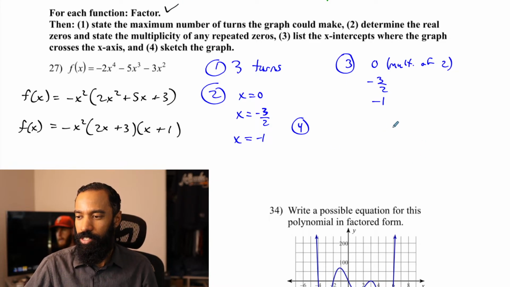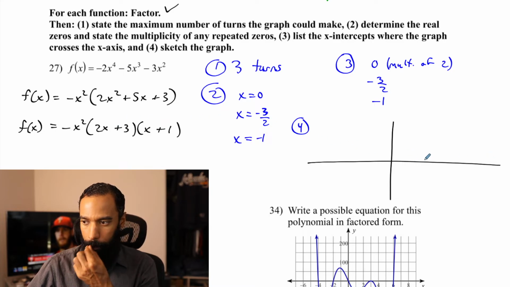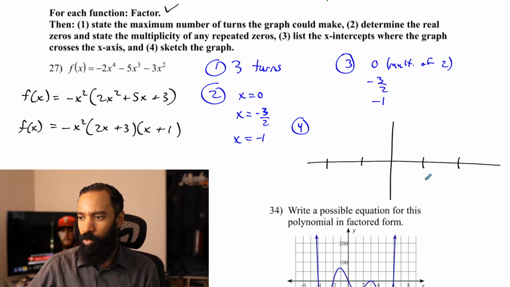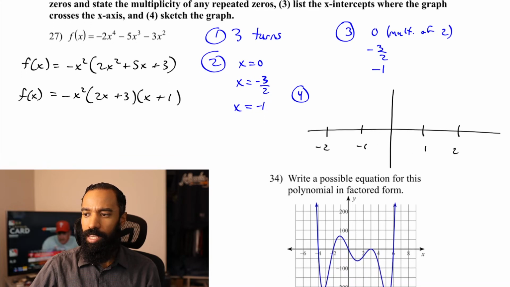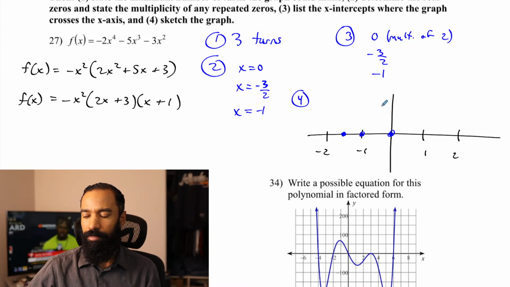So as far as these things go right here, I'll sketch a little rough graph. We don't have to hit too many values here. Here's 1 and 2 and negative 1 and negative 2 and all that jazz. This thing is going to hit 0, negative 1, and negative 3 halves, which is negative 1.5.